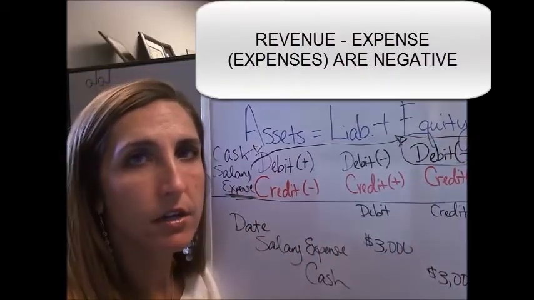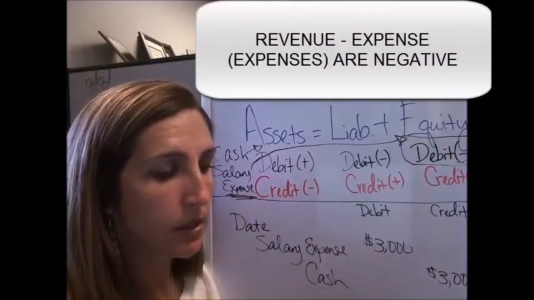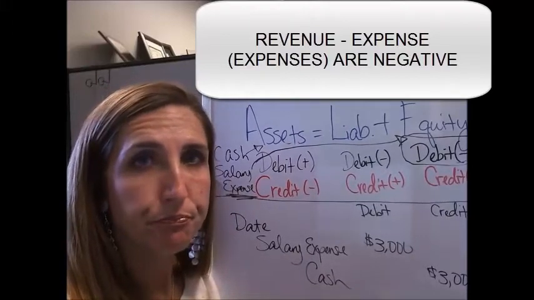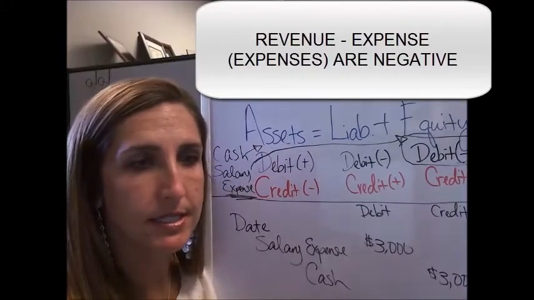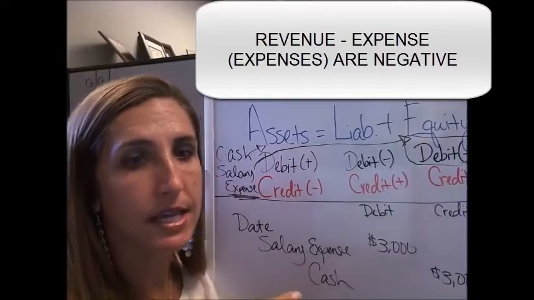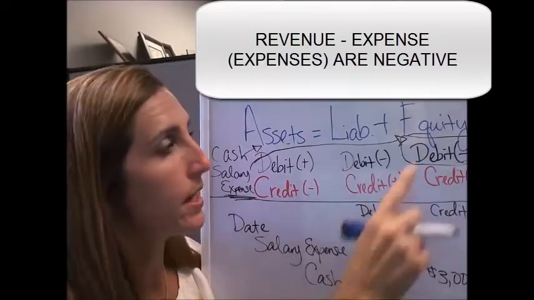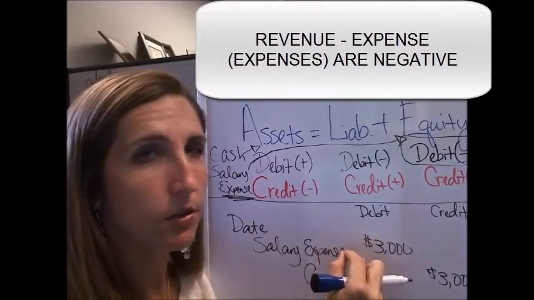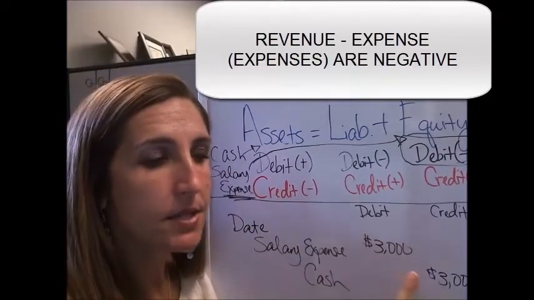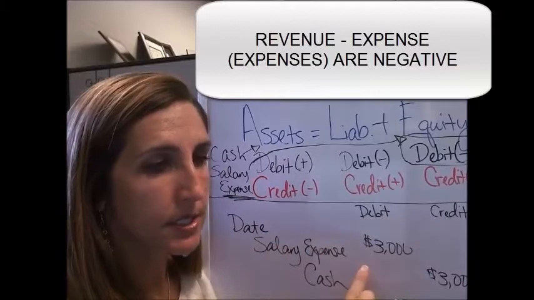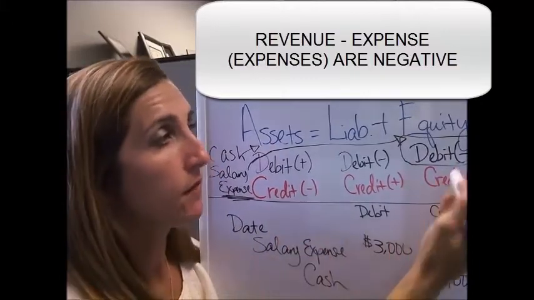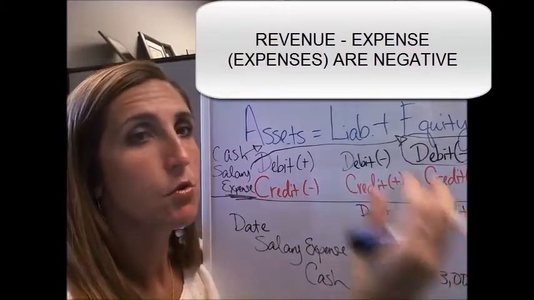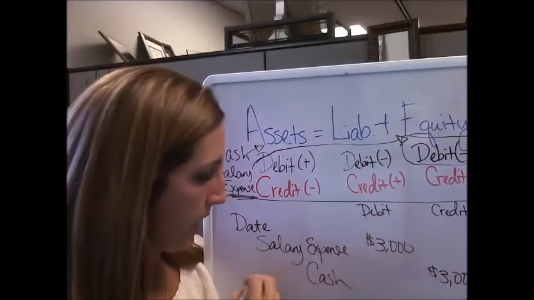But what you're going to hear in the book and read in the book and see in your LearnSmart assignment is sometimes confusing because it says your salary expense increased, and that is correct. When I debit the salary expense, that specific account increased. But at the same time of increasing an expense account, you are creating more of something that is negative, so you are decreasing equity.